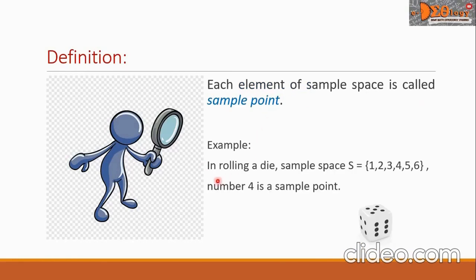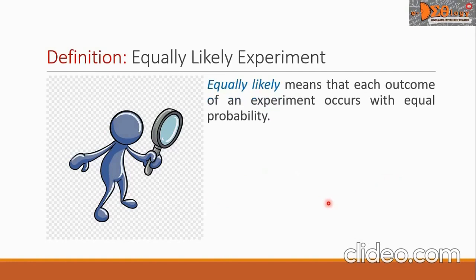Example, in rolling a die, the sample space S equals {1, 2, 3, 4, 5, 6}. The number 4 is a sample point. Let us define equally likely experiment.